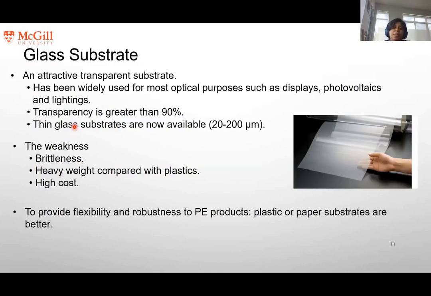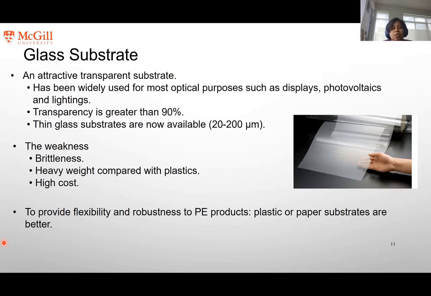Okay, so what are the options that we have for substrate? One thing which is very trivial is glass substrate, and it is a very attractive transparent substrate. Glass substrate has been used quite a lot for displays, photovoltaic cells, lighting, and all these applications.